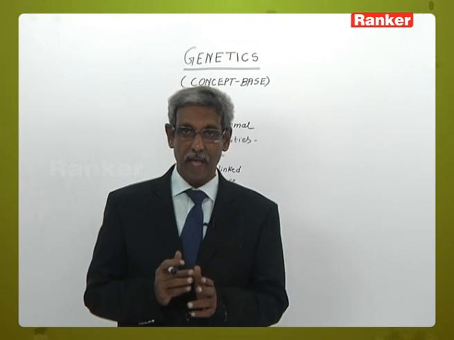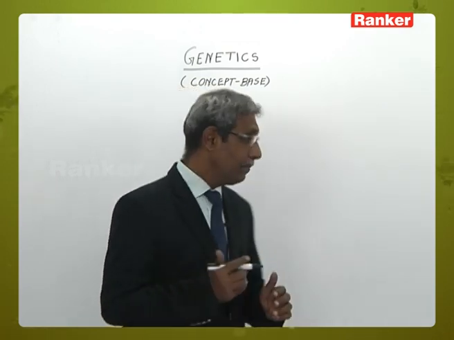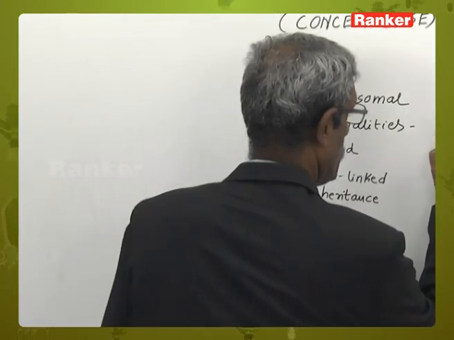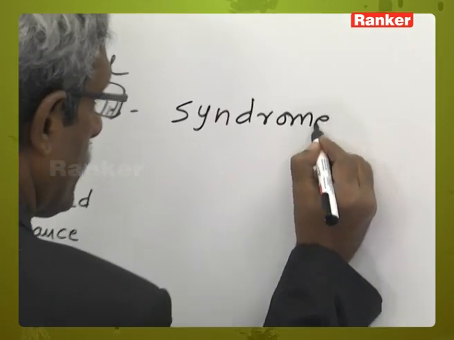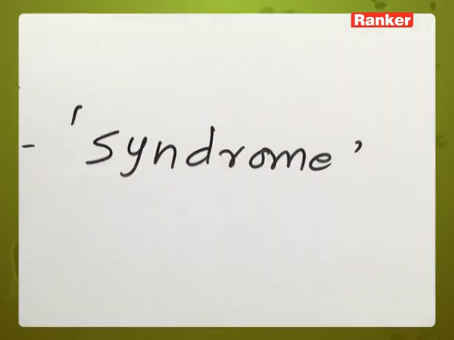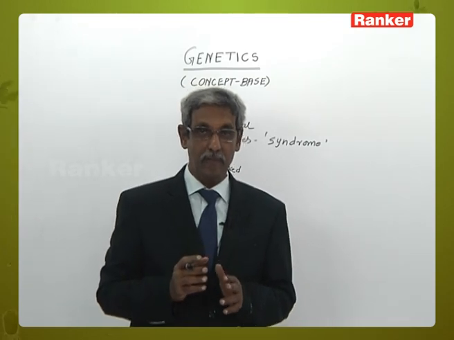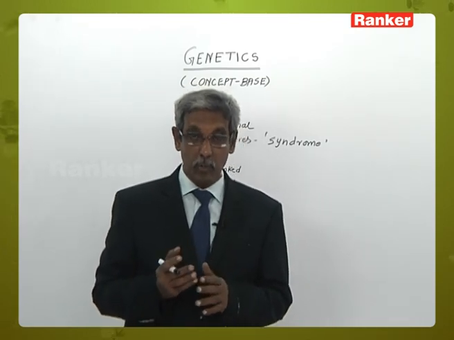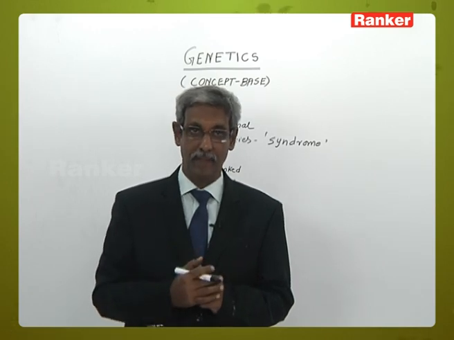First of all, we have the syndromes. A syndrome is a term which is used for a cluster of phenotypic characters which are caused due to increase or decrease in the chromosomal number.